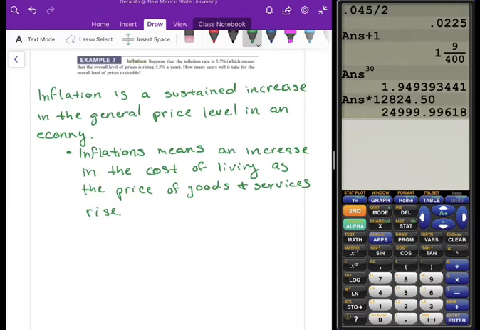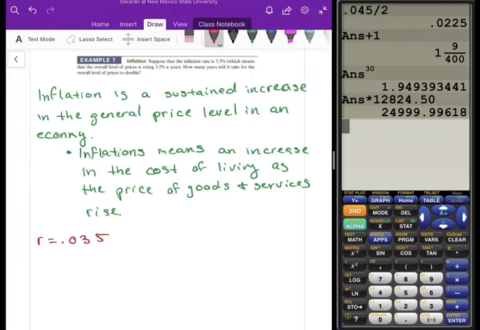It says, suppose that the inflation rate is 3.5%. So we know that the rate immediately is 0.035, which means that the overall price level is rising by 3.5 per year. How many years will it take for the overall level of prices to double?